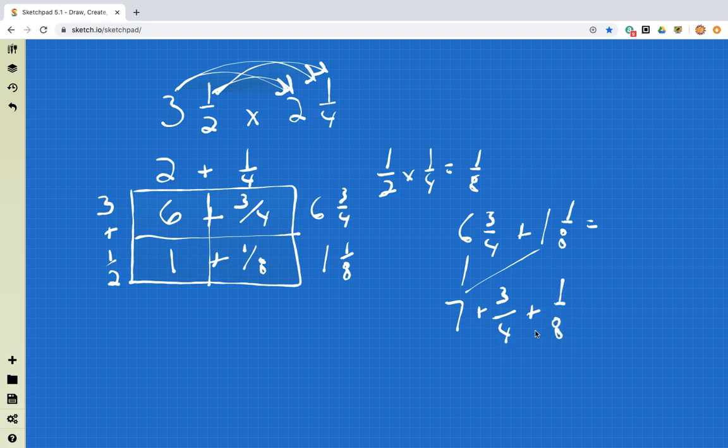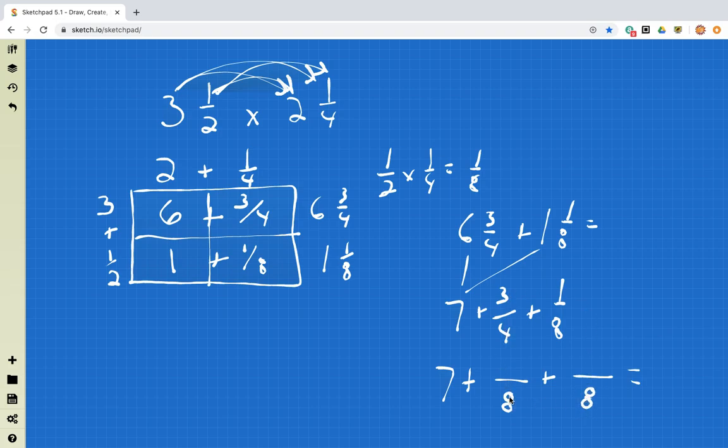Problem. These have different names, right? I got to fix that. I got to change this into 7 plus something equals. What's the least common multiple of 4 and 8? Yes, 8. Exactly right.